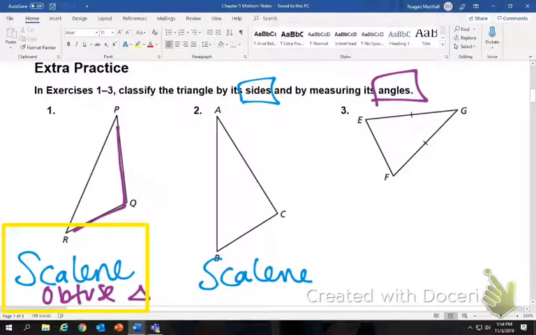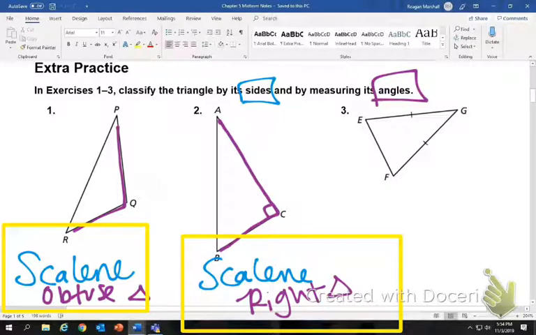By its angles, this one should have a right angle. It's a printing error. So this is a scalene right triangle. So again, you want to look for the box, but in this picture it just didn't print out. So it is what it is.